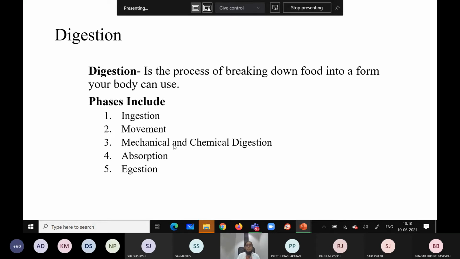Then mechanical and chemical digestion will occur in various parts of the GI tract. Then absorption of nutrients occurs mainly in the duodenum and small intestine. Then elimination of waste product which is not utilized by our body. So these are the phases of digestion.